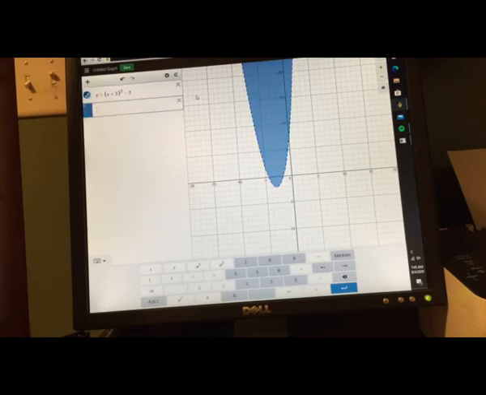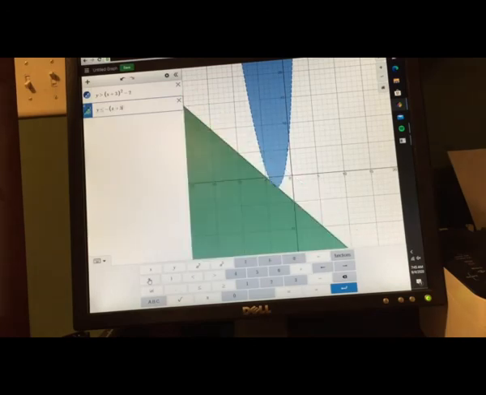If I hit enter, I can go to the second one, which was y is less than or equal to negative, and then in parentheses, I have x plus 5, end parentheses, and I'm going to square it.